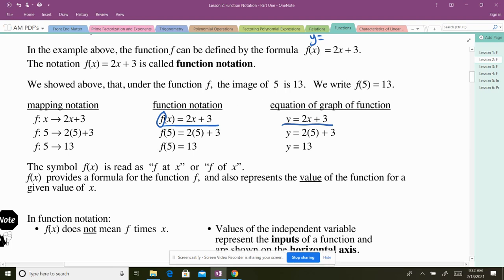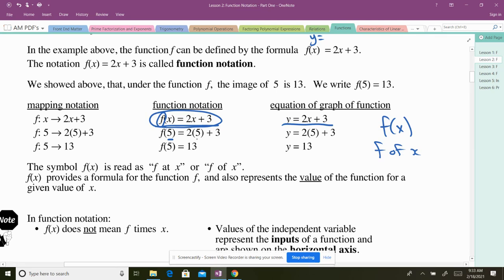So this little notation here reads f of x. That's what it means. F of x. So that's the general form. Now, if I write f of 5, whatever's in the brackets there goes in for your x values.